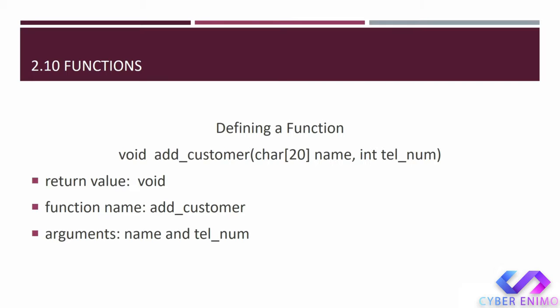Then, I gave the function a meaningful name, add_customer, because that's what the function does. And finally, the name is followed by brackets, and inside the brackets I said that this function will accept an array of 20 characters, name, as well as an integer, tel_num.